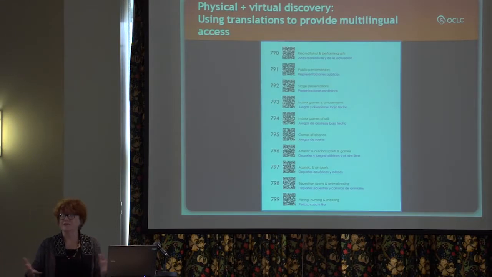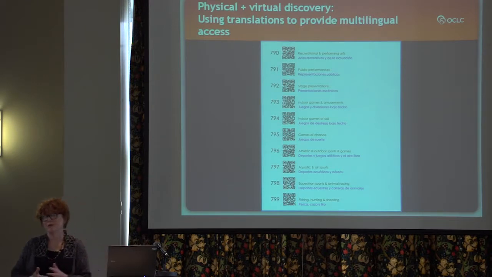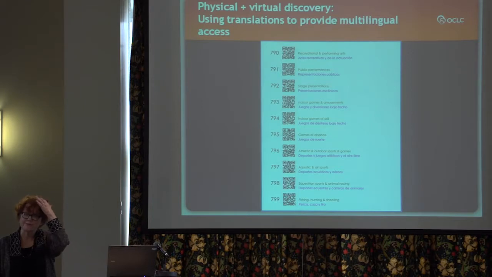Here's a physical and virtual discovery mix, where if you were serving a Spanish language population, we modeled this originally for a library in Paterson, New Jersey that had a large English and Spanish language clientele and had only one computer in the library, but everybody had cell phones. So we did QR codes on this with the top level browsers, and then it took them right into their catalog.